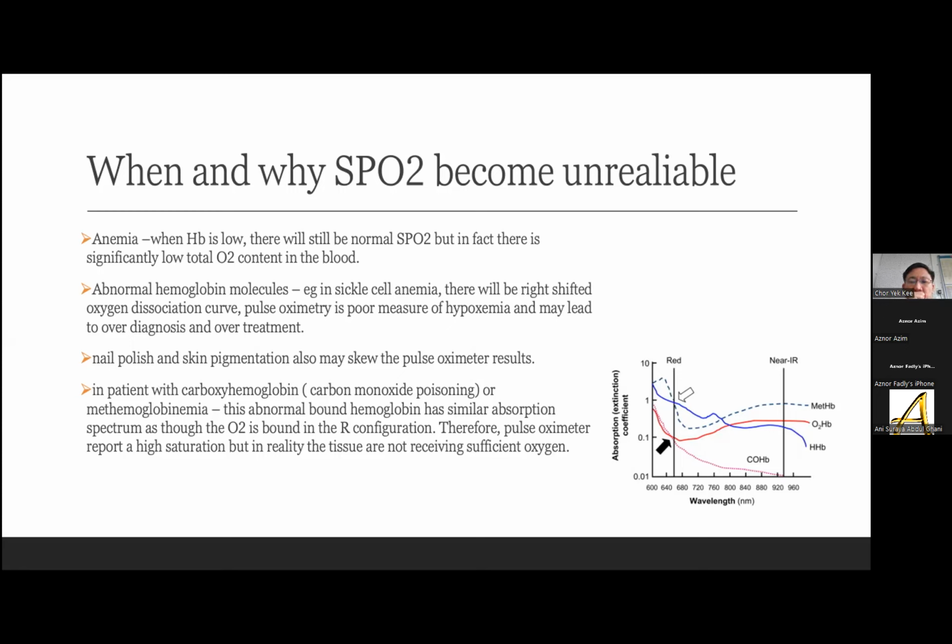So look at the wavelength of the different hemoglobins and their different absorption coefficients. Interestingly, carboxyhemoglobin and oxygenated hemoglobin have a similar absorption coefficient, and methemoglobin as well is quite identical compared to oxyhemoglobin.